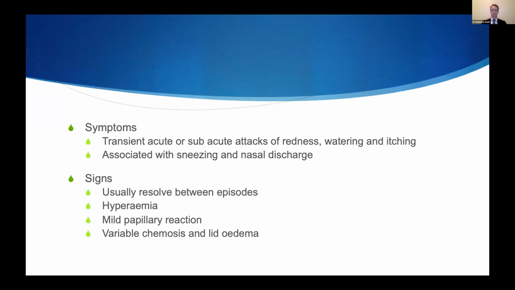They'll have red, watery, itchy eyes, often associated with sneezing and nasal discharge. These patients come in, their eyes are bright red. They'll have a mild papillary reaction. I'll talk a little bit more about that. And sometimes you can even get swelling under the conjunctiva. It's called chemosis, and lid edema in more advanced cases.